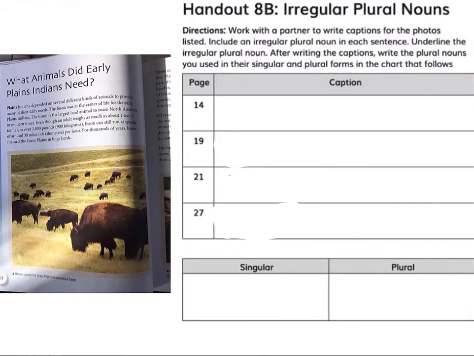Let's take a look at what the caption is. The caption says, bison roamed the Great Plains in enormous herds. So our irregular plural noun in this caption is bison. So we're going to write bison at the bottom on the right side.